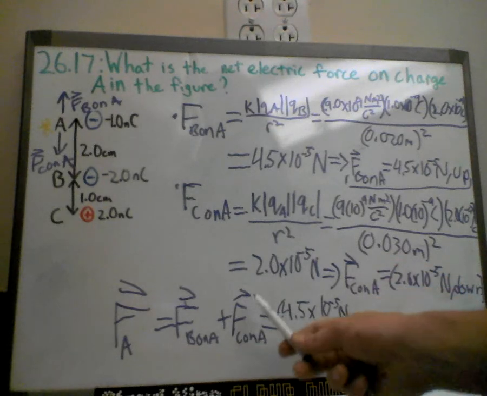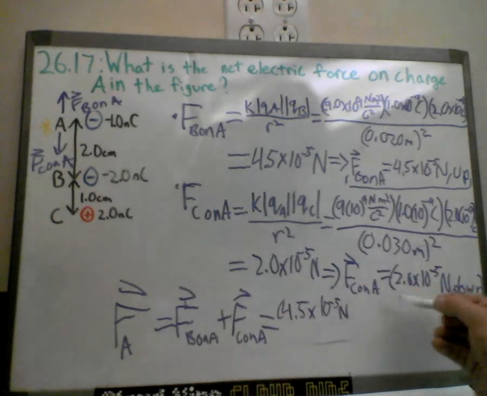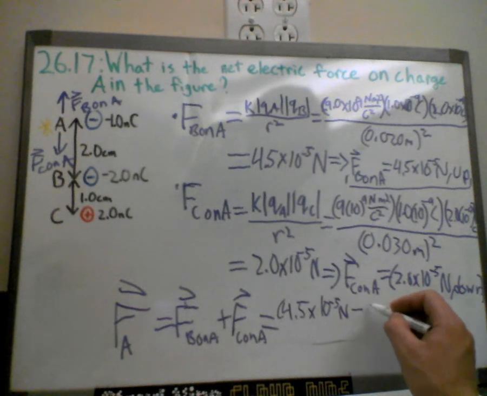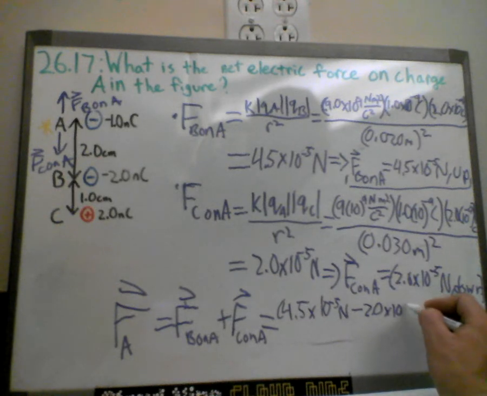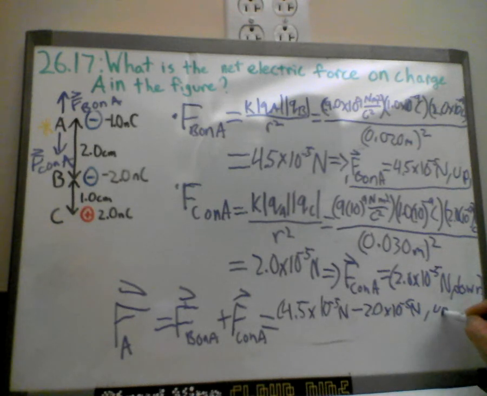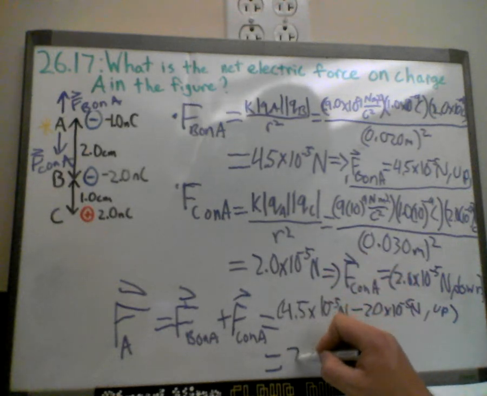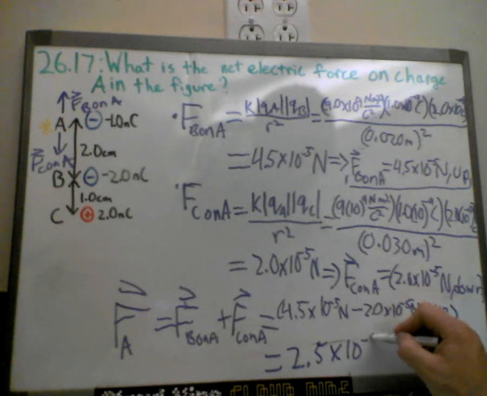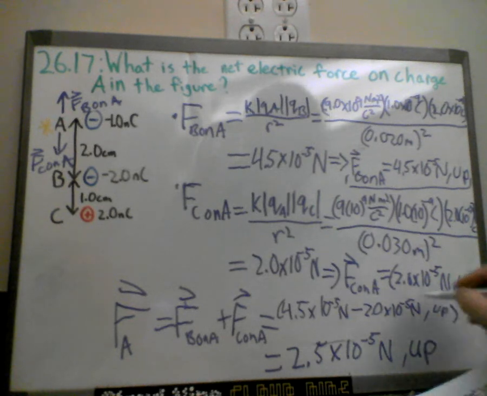And we are going to subtract the force vector; we're going to flip the sign here to a minus sign because it's in the downwards direction. From our vectors, it's a negative direction. 2.0 times 10 to the negative fifth newtons. And then that's all equal to 2.5 times 10 to the negative fifth newtons in the upwards direction. And that is the answer.